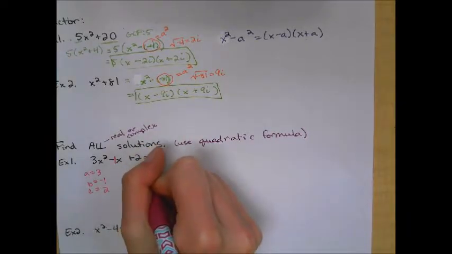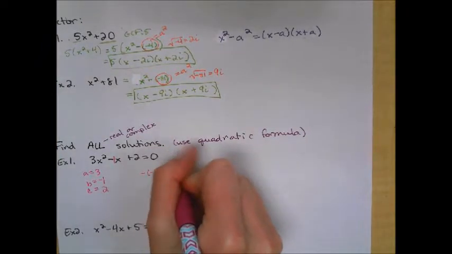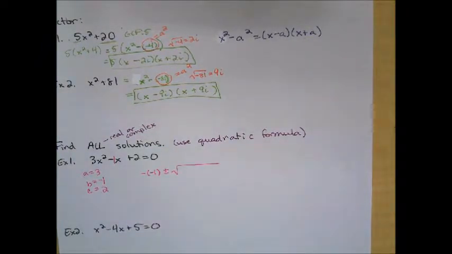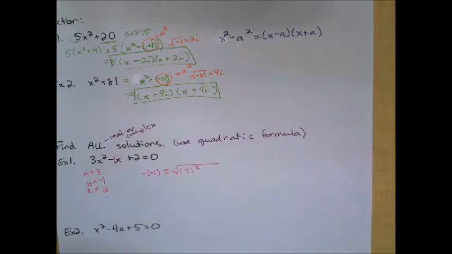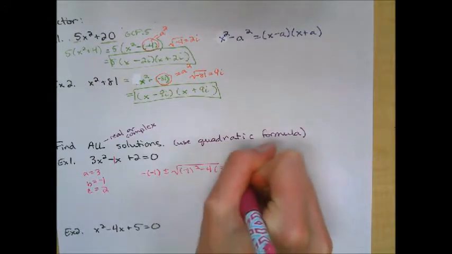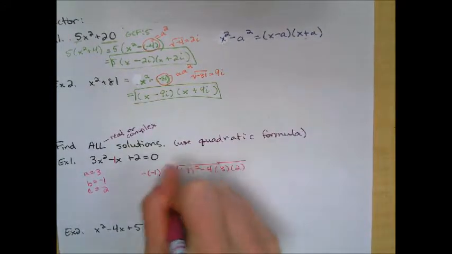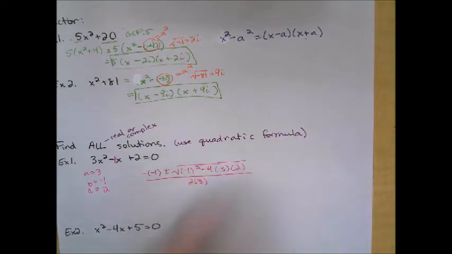I have negative b, negative 1, plus or minus the square root of b squared minus 4ac, all over 2a.